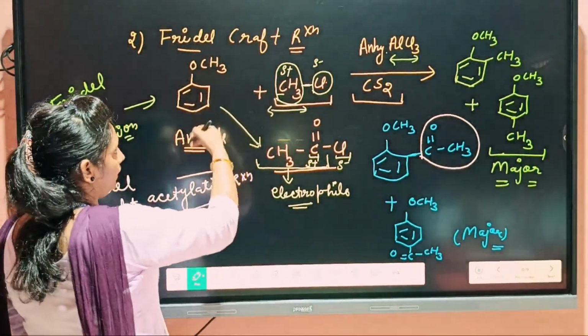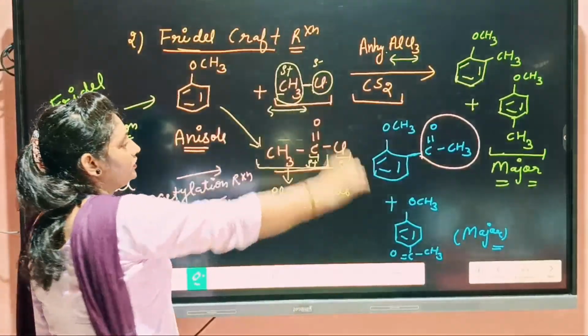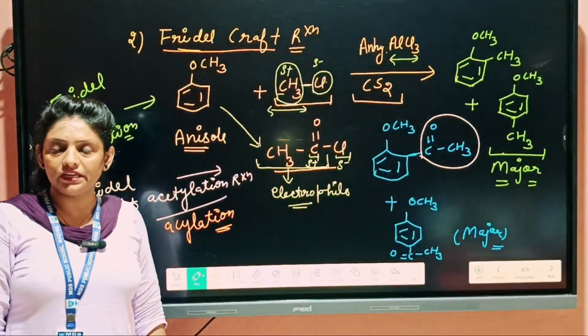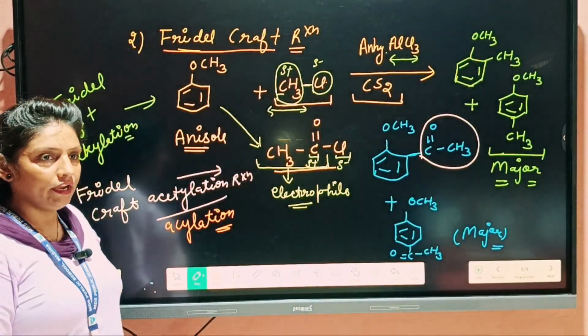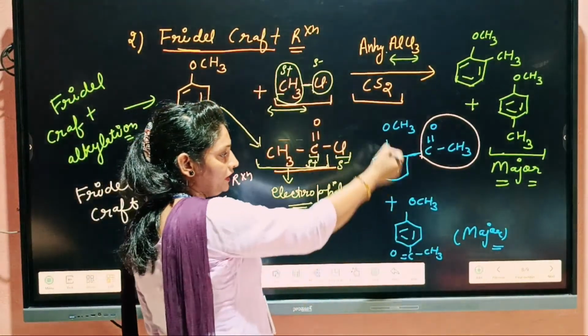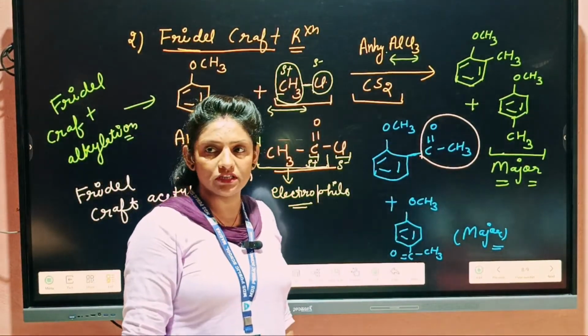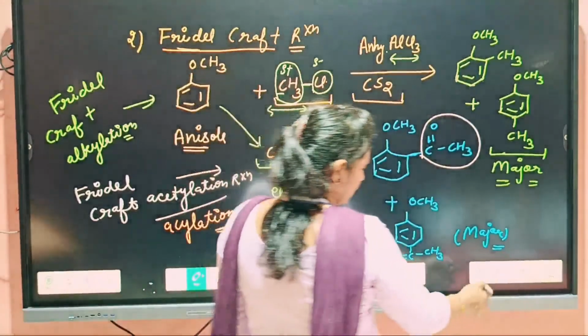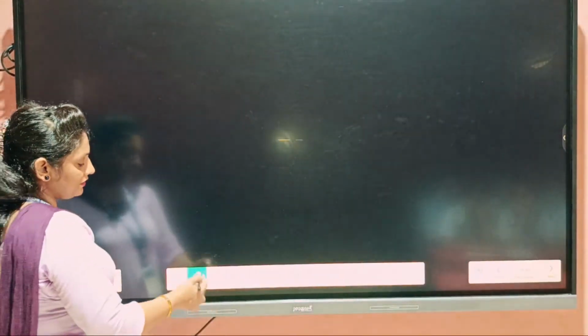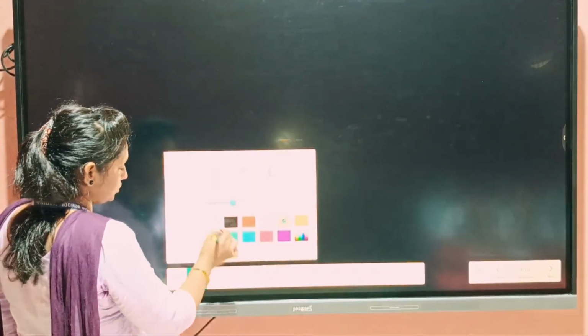Combinedly, both of them are known as Friedel-Crafts reactions. Is this reaction clear to you or not? And which mechanism is followed by them? That is electrophilic substitution. Then our next reaction for electrophilic substitution is nitration.